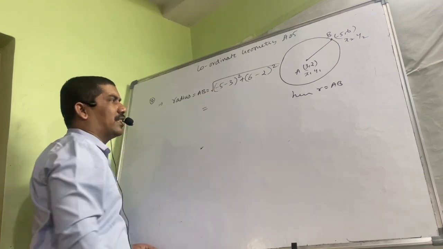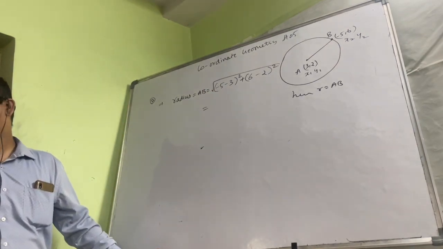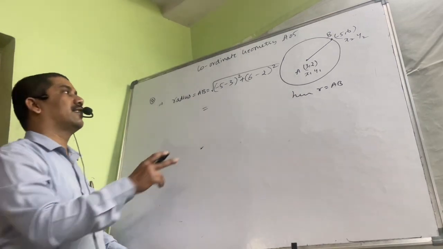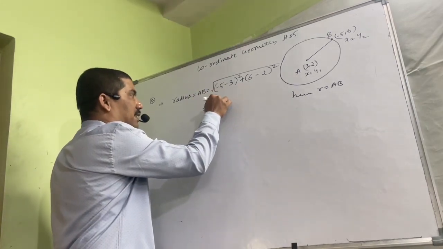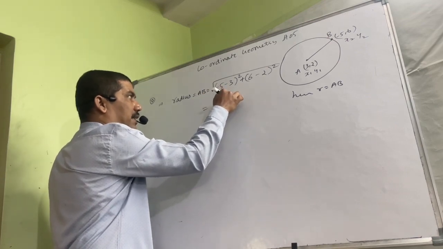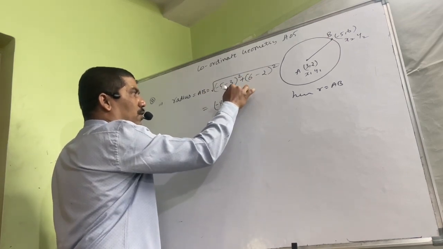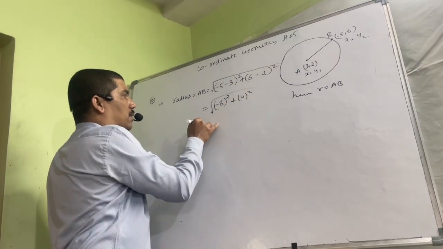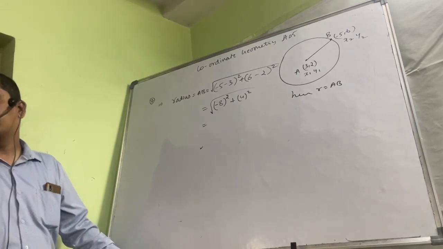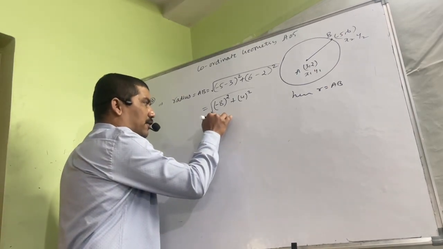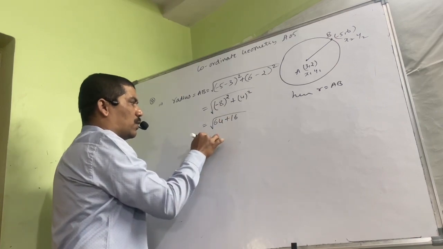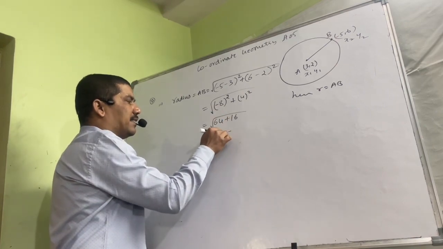Minus 3 minus 5, both are minus, so we should do addition. 5 plus 3, 8. Bigger number is minus, that's why minus. Okay? 6 minus 2, 4. So, minus is there, square is there, so it will become plus. Right? 8 square how much? 64. 4 square? 16. So, this is square root of 80.